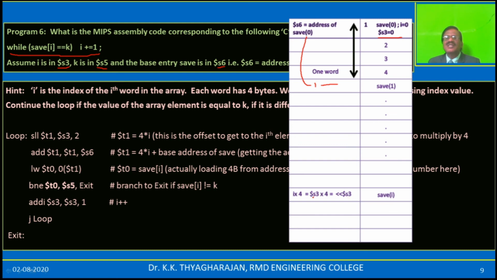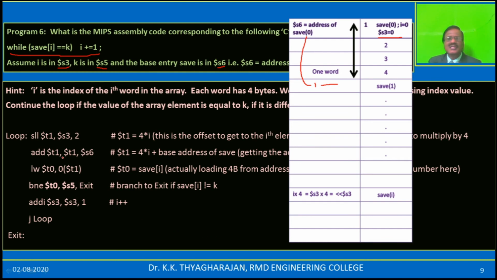After shifting, if you add, you will get the starting address of the ith word. So if you want to access any word, the ith word, you have to multiply I by 4. That means you have to shift left by 2 bits.